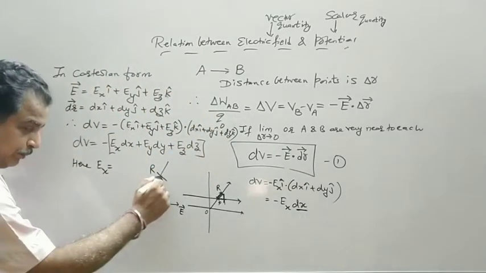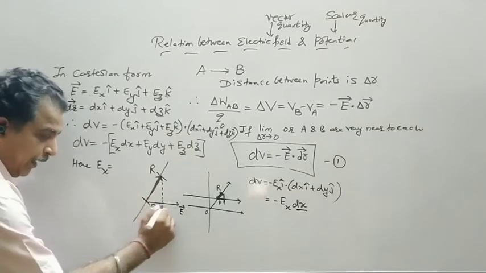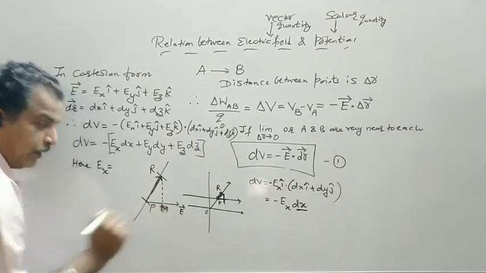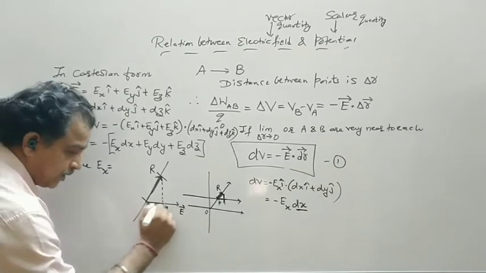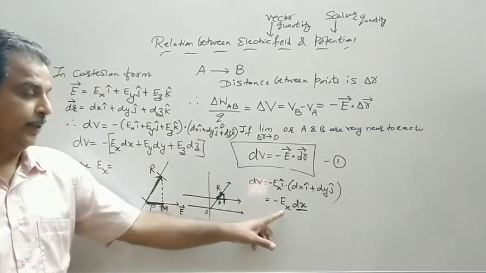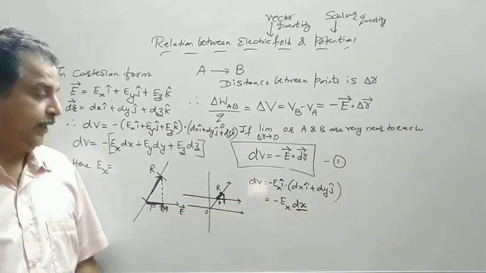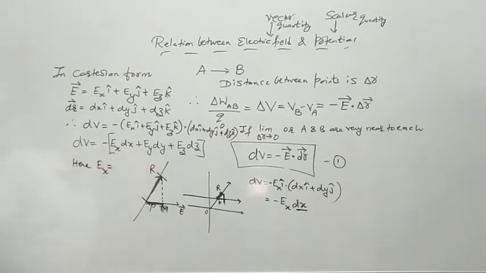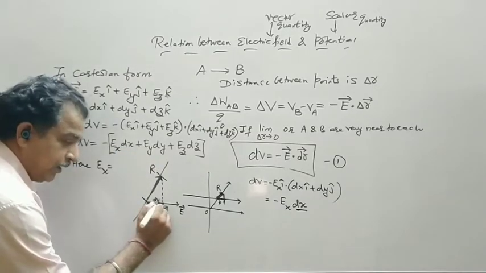So I have to drop the perpendicular here and say this point is R dash or say this point is M. So I have to take this distance dx while calculating the electric field intensity and not the distance between P and R. So this will be your dx.